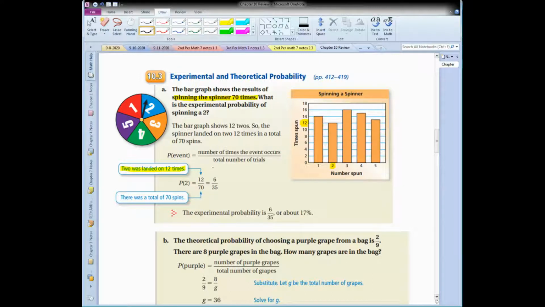Then the total, I call it the TO, the FO over the TO when I'm talking about experimental probability. The TO is the total number of outcomes, which is 70, because that's how many times you spun the spinner. So there are 70 total outcomes, 12 of them landed on 2, and you can calculate the probability, then make sure you simplify it, or you can write it as a percent.